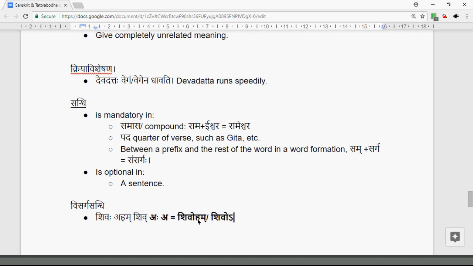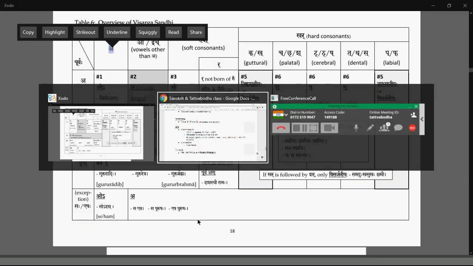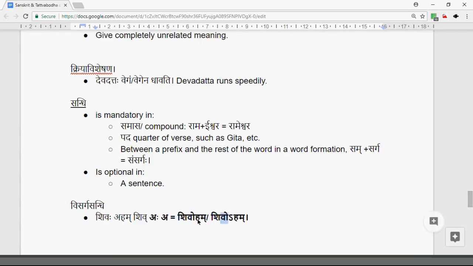You get Shivo and aham: there is an o adesha, Shivaha becomes Shivo, and this akara is dropped. There are multiple rules, but the end result is Shivoham. That's why it's called a Shivoham sandhi. If it is just Shiva without visarga, it would have been a different sandhi. So this is a visarga sandhi here.